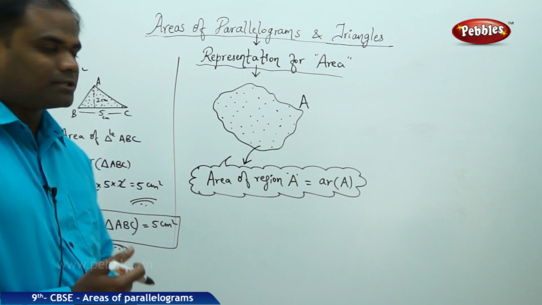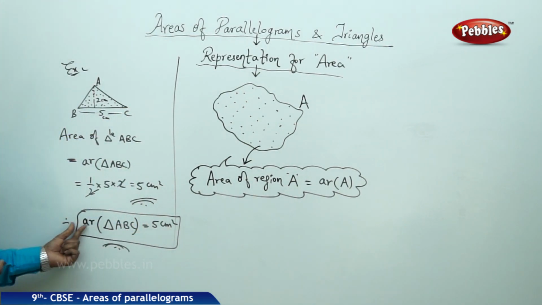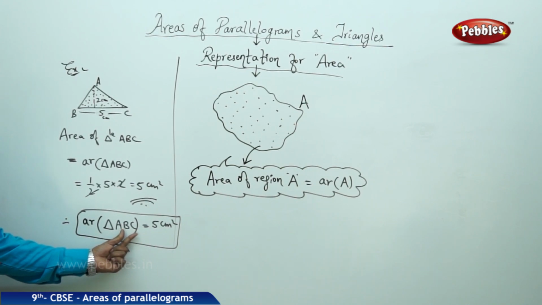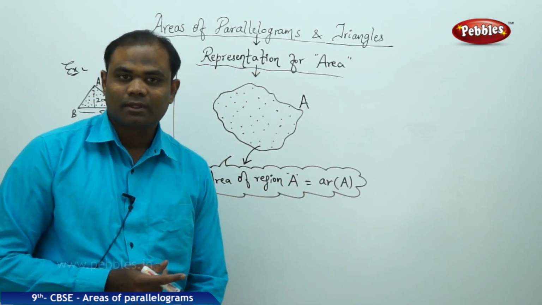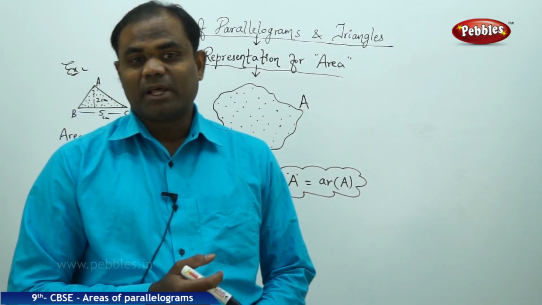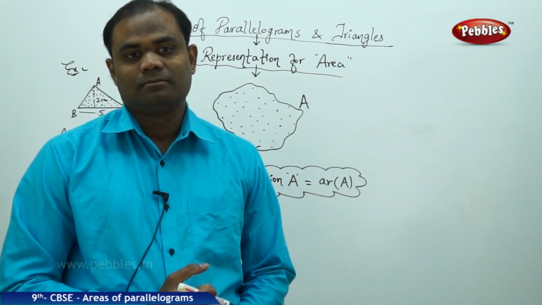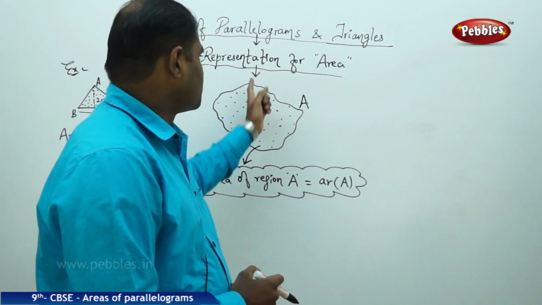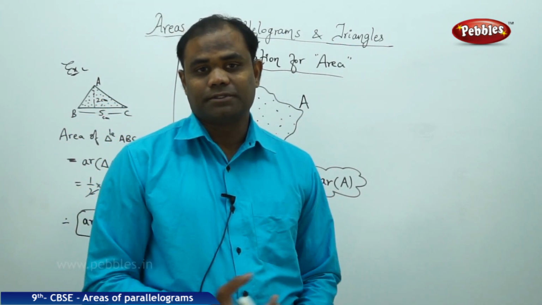Finally, I represent the answer with AR of the given region. This region is triangle ABC. This region is A. AR of A implies the area of the entire region A. This is how I understand the representation for the area of any given region.